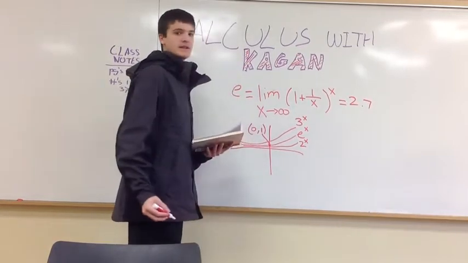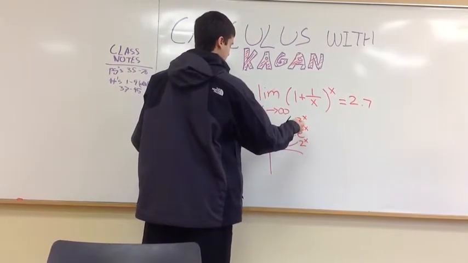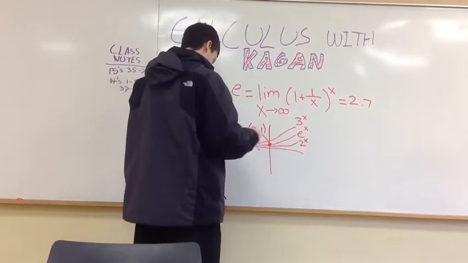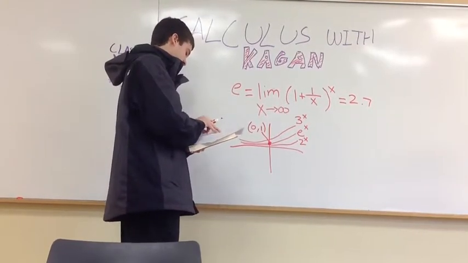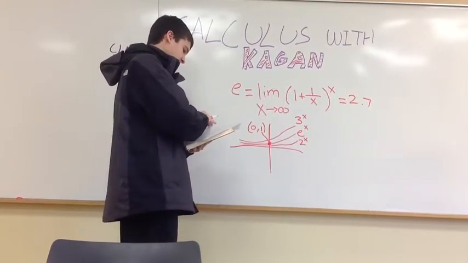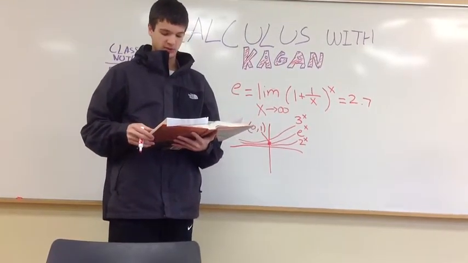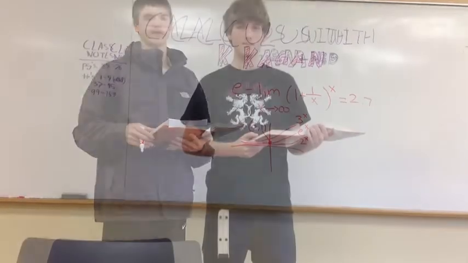So as you can see, e to the x is between 2 to the x and 3 to the x. It passes through the point 0, 1. Now, my fellow professors will display two different ways to derive e to the x.